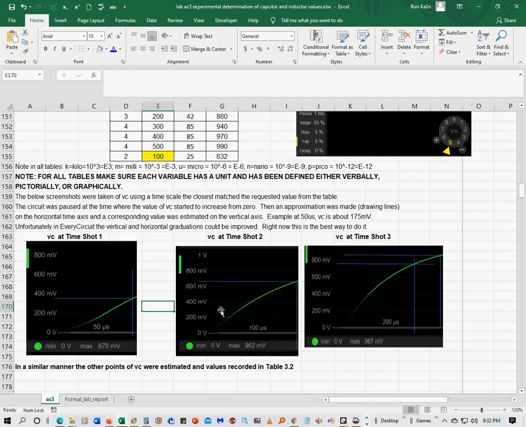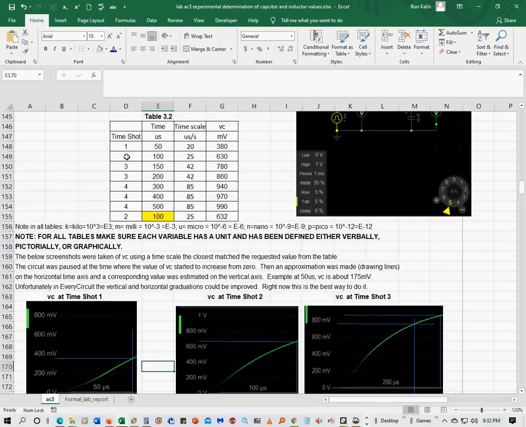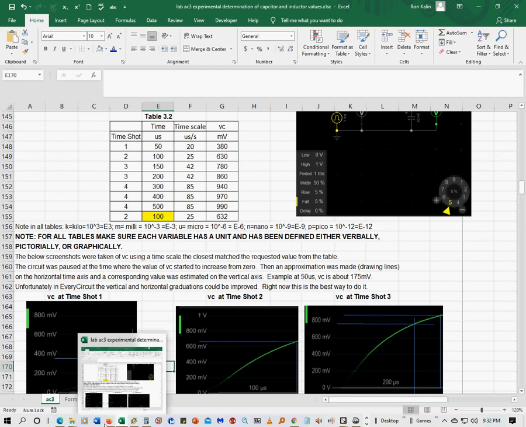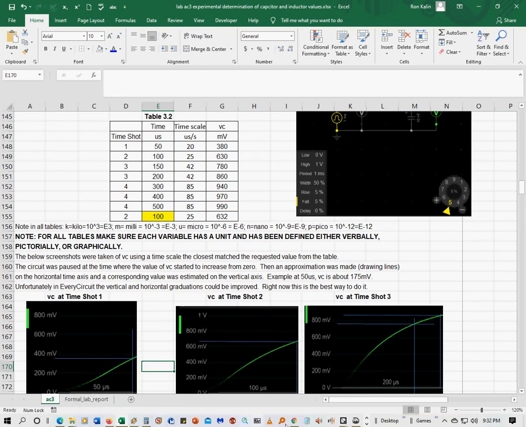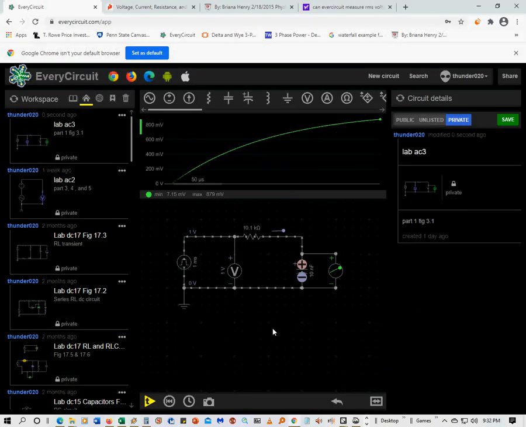Likewise, I did it for time shot 2, which is 25 microseconds per second. The reason I picked that is kind of arbitrary, but if you change your simulation speed, you'll notice that this bar is going to go to 100 when I go to 25.